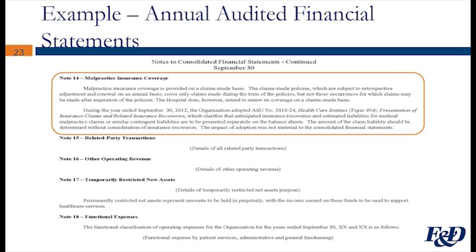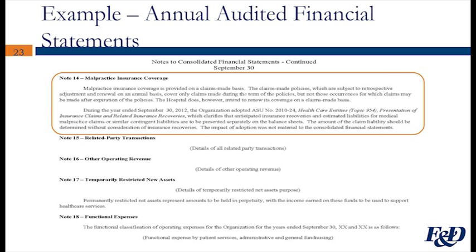The next footnote would be malpractice insurance coverage. Every healthcare organization has malpractice insurance coverage, and this is something that is pretty specific to the healthcare industry. It's basically insurance coverage for the doctors or providers of the organization for the services that they're performing on patients or clients.